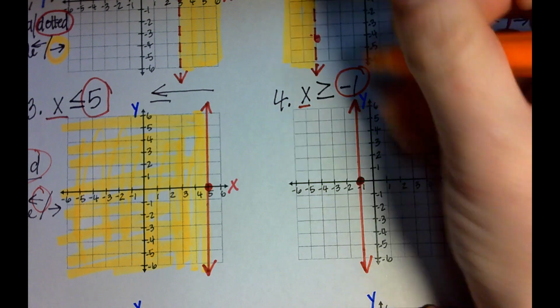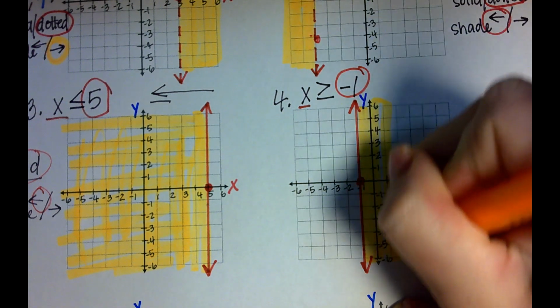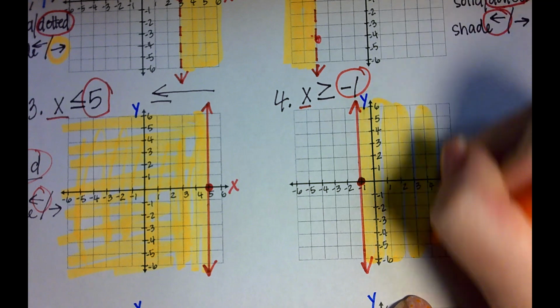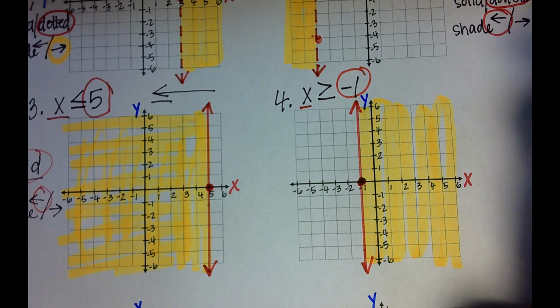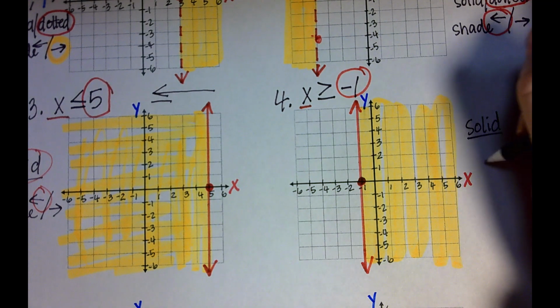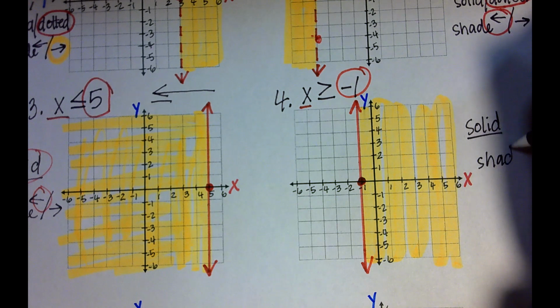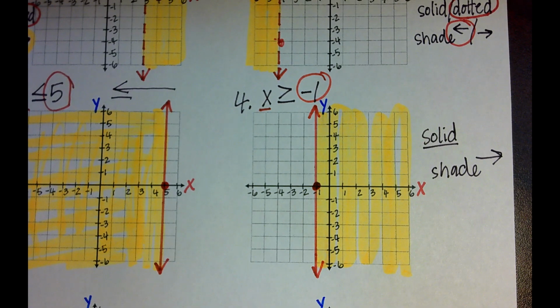Good. Perfect. That is wonderful. So we have a solid line, and we shaded to the right. Good deal.